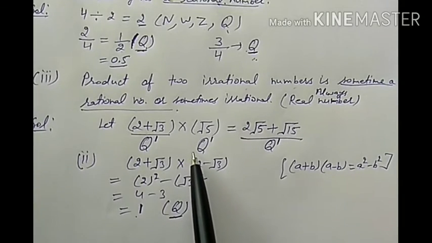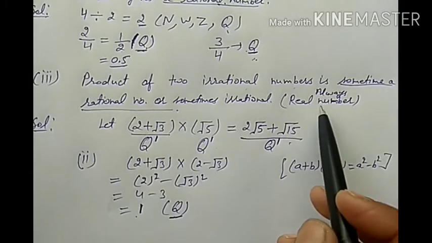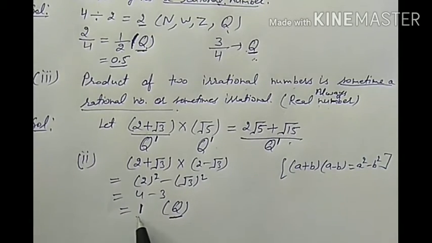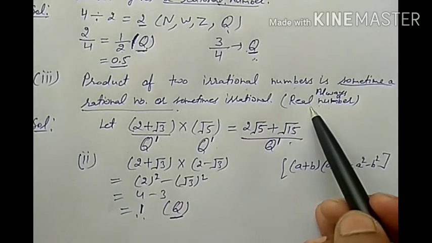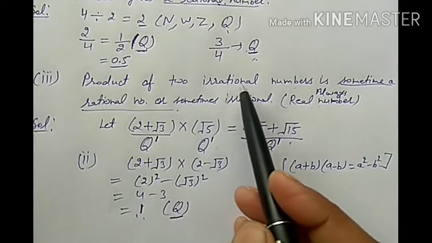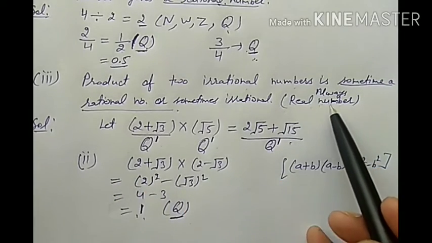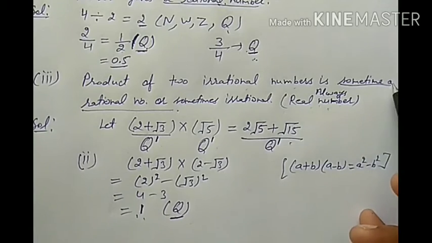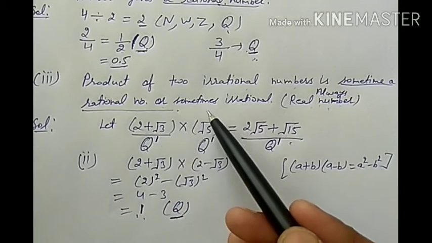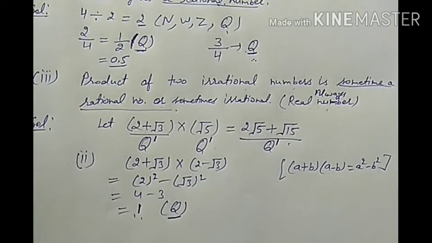So product of two irrational numbers is always a real number. Otherwise, sometimes a rational number or sometimes irrational.